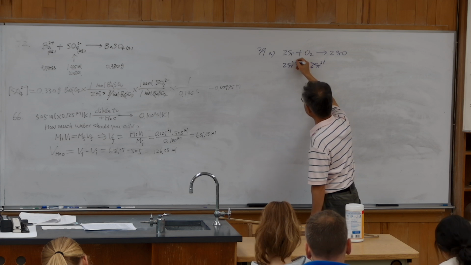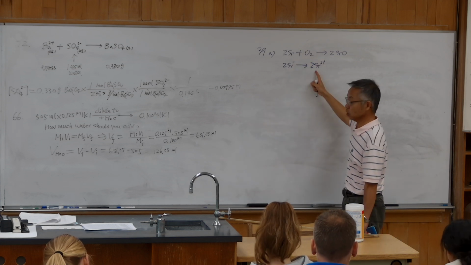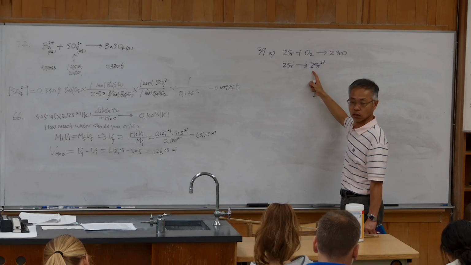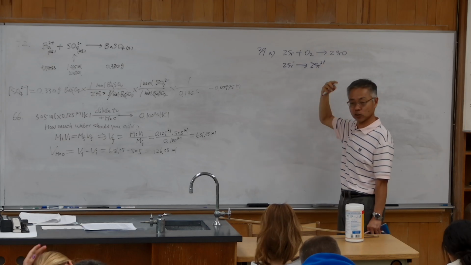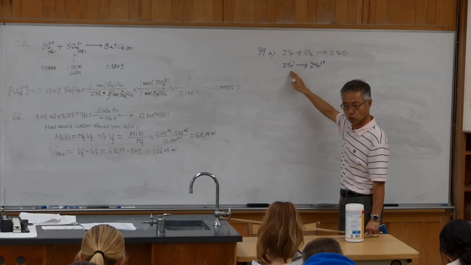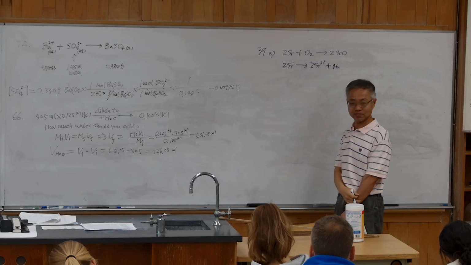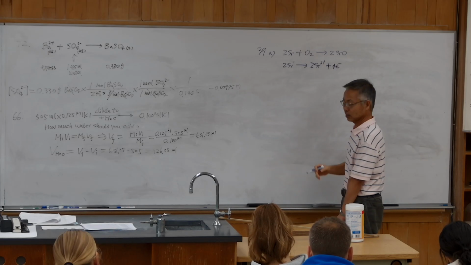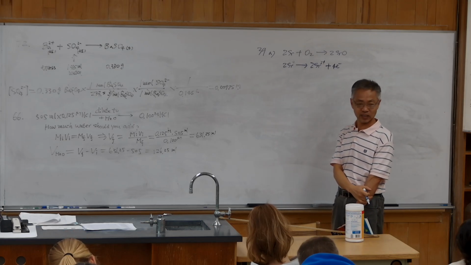Strontium metal is free metal, no charge. It becomes strontium ion, losing 2 electrons, right? From 0 to 2 plus means losing 2 electrons. Then 2 strontium lose 4 electrons. Metal always loses electrons.